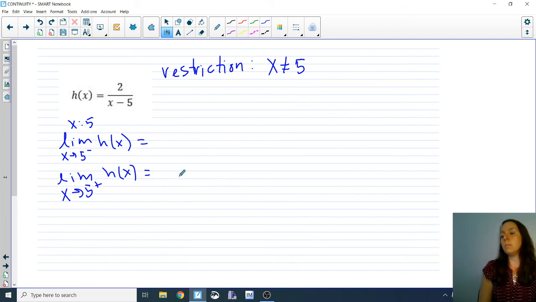And so what I'm noticing here is that I can't use substitution to plug 5 in, right? But if we thought about what would happen if we do sub in 5, 5 minus 5 gives you a 0 in the denominator. However, you do not have a 0 in the numerator. So this is not actually a 0 over 0 situation.